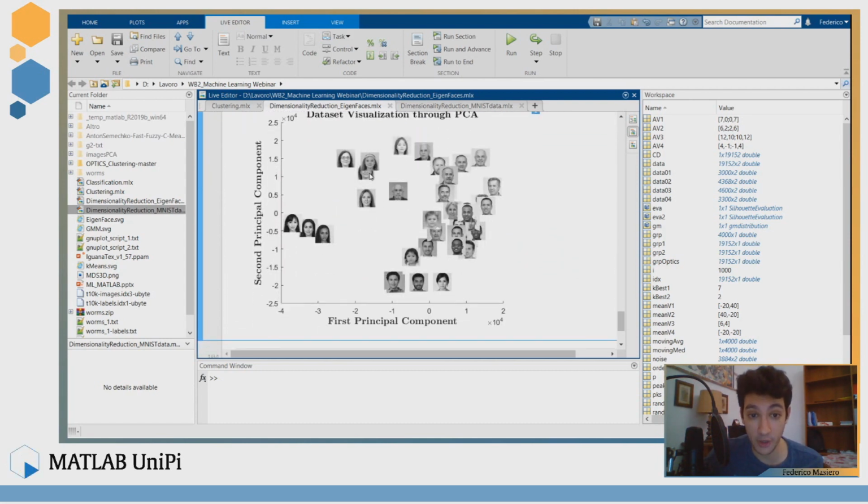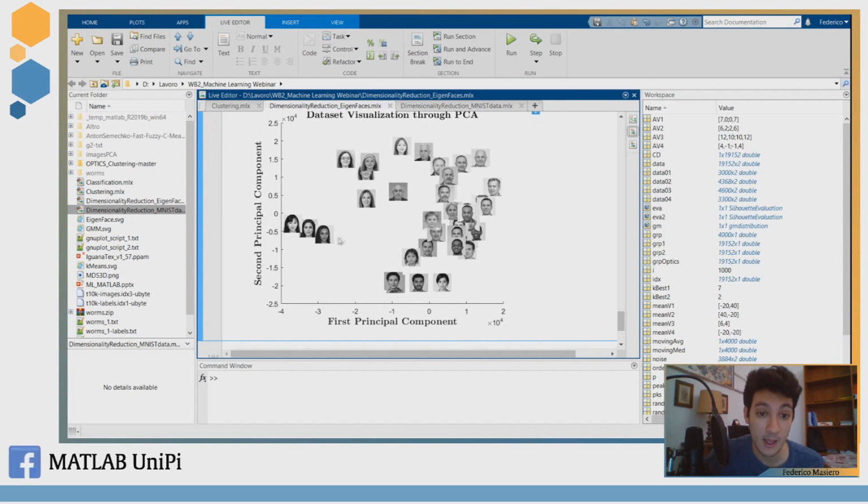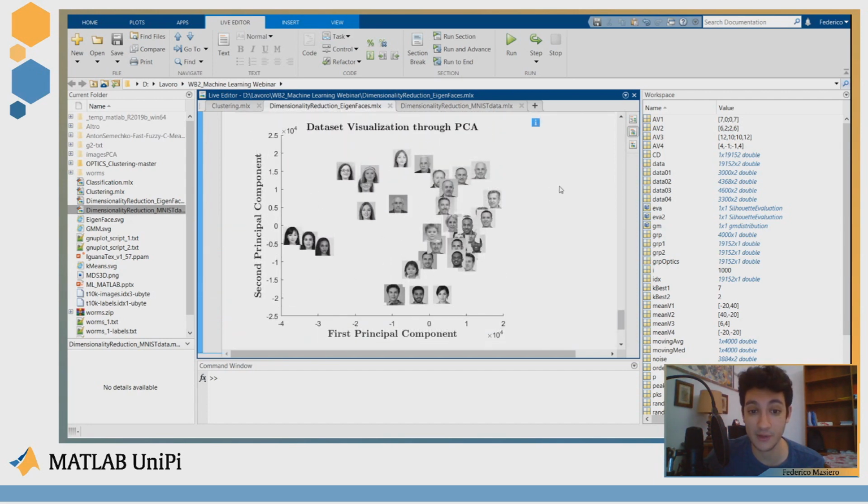So each point here, I overimposed the original image on each point of the Cartesian plane. Each of these images has these two coordinates in the new space, represented with basis vectors, the first two principal components. So this is a way to deal with dimensionality reduction.